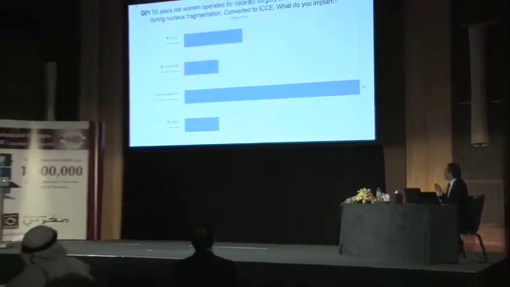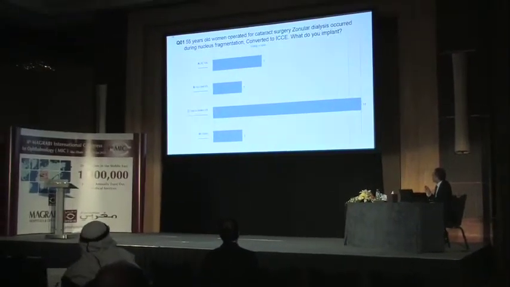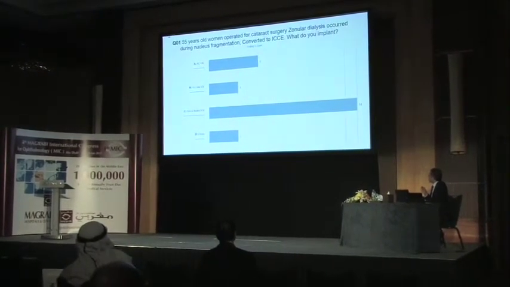Okay, that's it. So we'll shift to the other session. So we can vote again. Can we put the questions and vote again? So what would you prefer? Anterior chamber IOL, iris claw IOL, sulcus fixated IOL, or others?